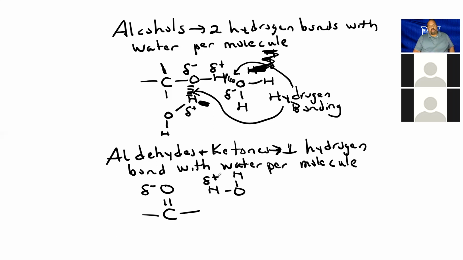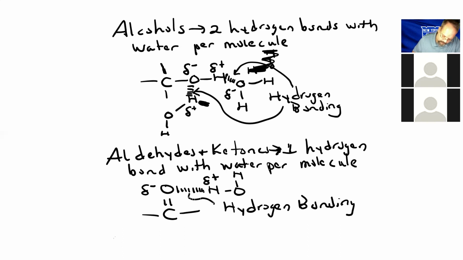Whether it's an aldehyde where you have at least 1 hydrogen attached to the C double bond O carbon, or whether it's a ketone where you have 2 carbon groups attached to the C double bond O carbon, the key player with hydrogen bonding with water is the C double bond O oxygen. The C double bond O oxygen with its partial negative charge is going to be attracted to a hydrogen of water. And again, that force of attraction would be hydrogen bonding.